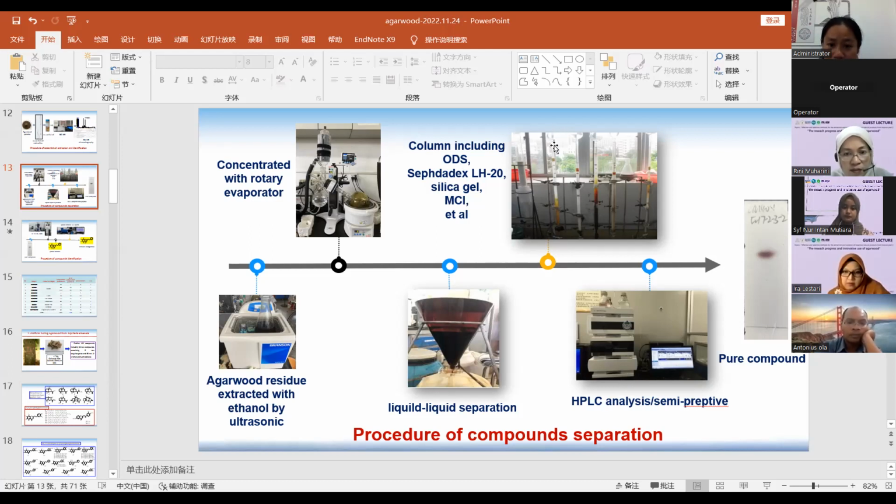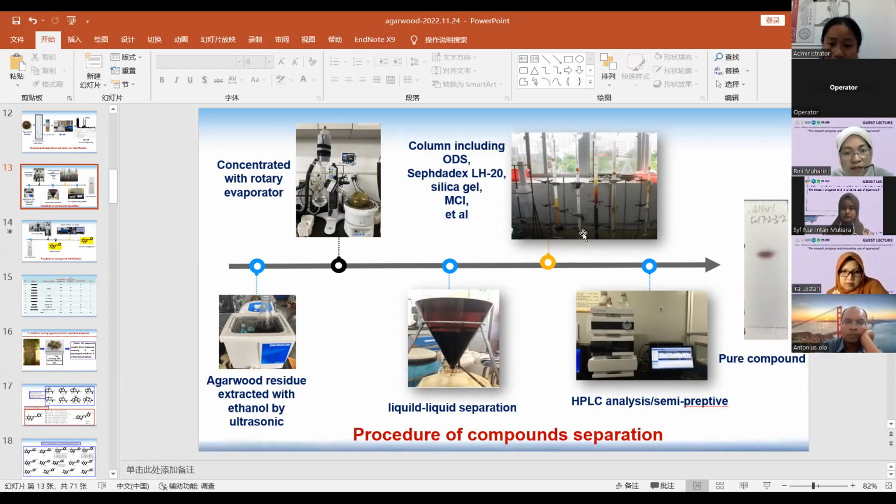Most of them maybe use just the normal column. And the dimer fractions usually go to the ODS. After that, use ODS to separate again, and then go directly to the HPLC.